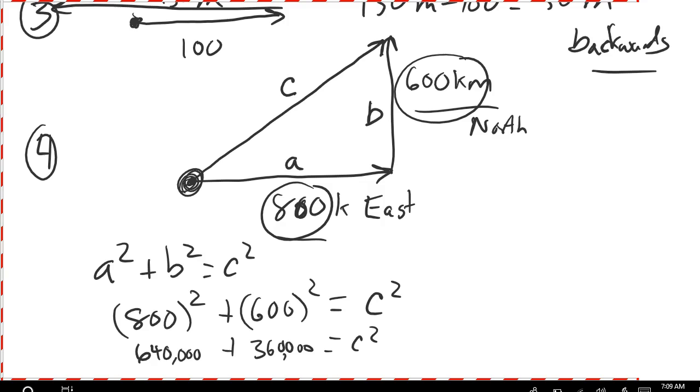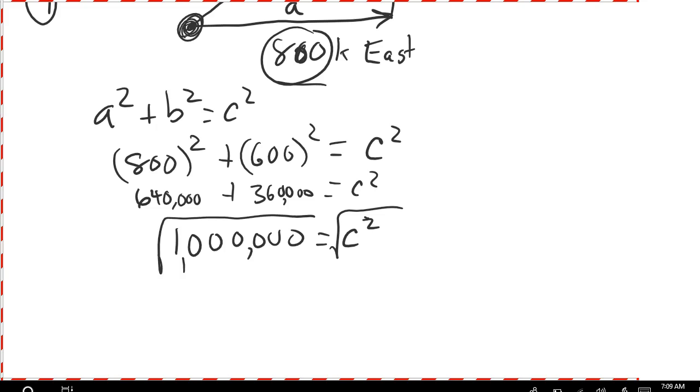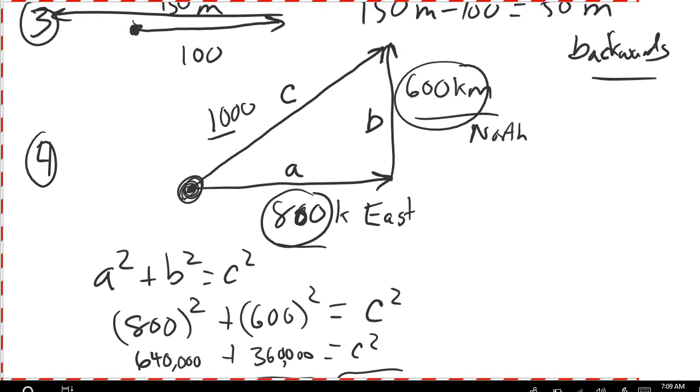So let's add those together, and we actually get 1,000,000 equals c squared. In order to solve this, you have to take the square root of both sides, if you remember from our class. And we just take the square root, again using our calculator, and we get 1,000 equals c. So our total displacement here would be 1,000.